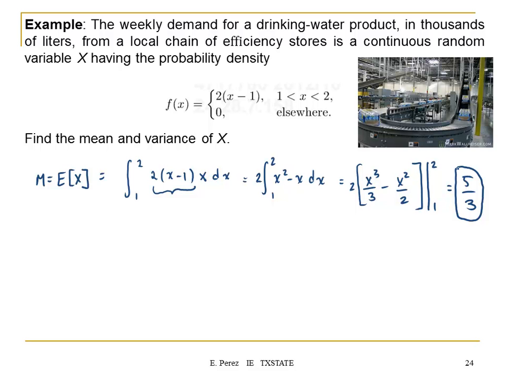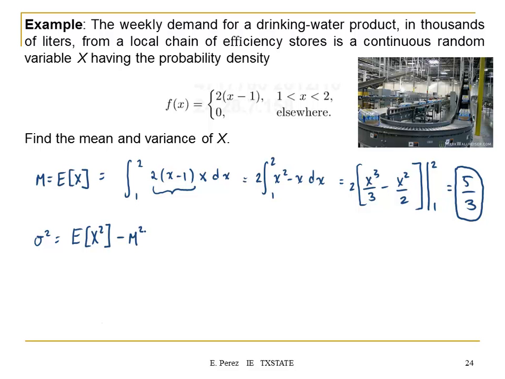Now let's look at the variance. For the variance, I'm going to use the shortcut, which is E of x squared minus mu squared. So the first thing I need to do is find the value of E of x squared.